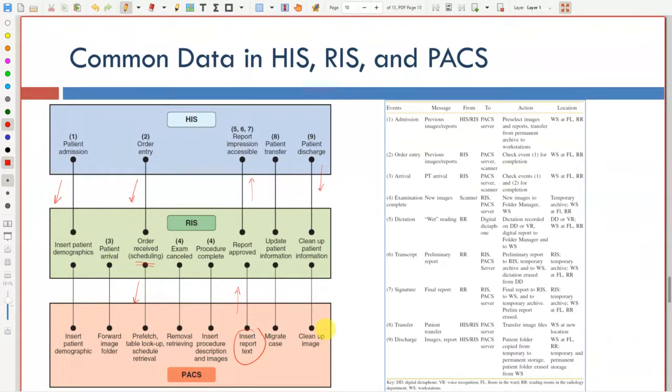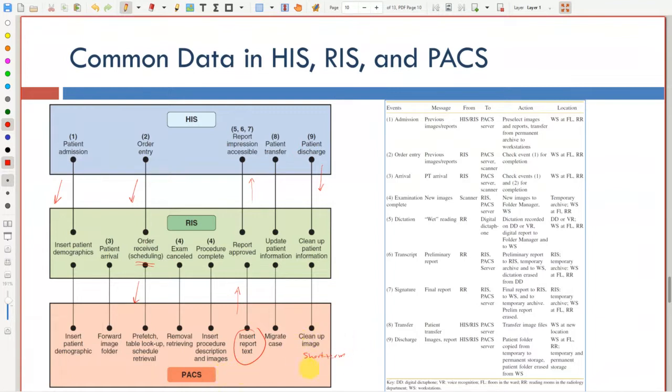Once the patient is discharged, then you can just keep the data in the EHR, and whatever you need later on, if he's admitted later on, then you can retrieve it again. But for now, you clean up the patient information from the RIS and you clean the images from PACS. I'm talking about the short-term storage, of course. It's already in the long term, as we said before in the PACS part of this course.